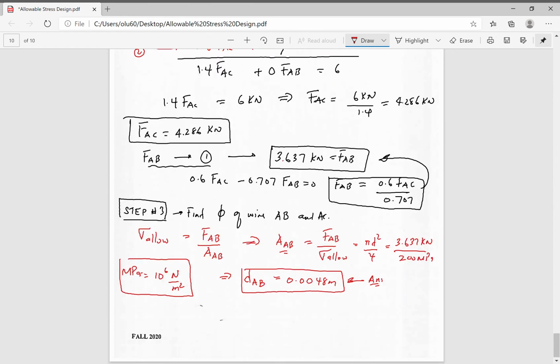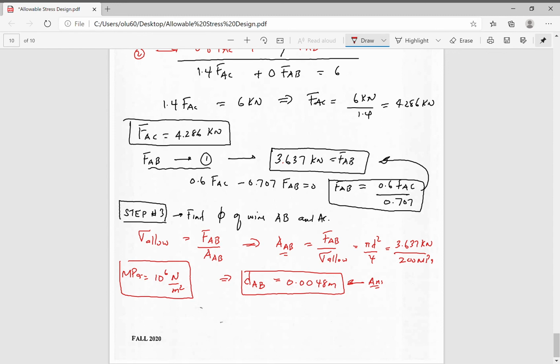Likewise, when you do it for wire AC, the diameter DAC happens to be 4 times FAC divided by pi times the allowable, and it happens to be 0.0052 meters.